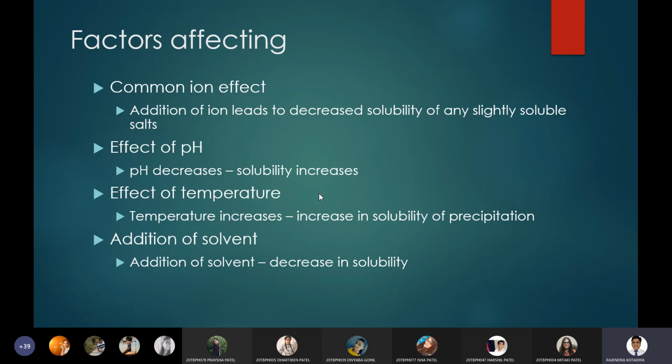That is because of the ions generated by KHP as well as phenolphthalein. Those ions are common in nature, but the only difference is their strength.